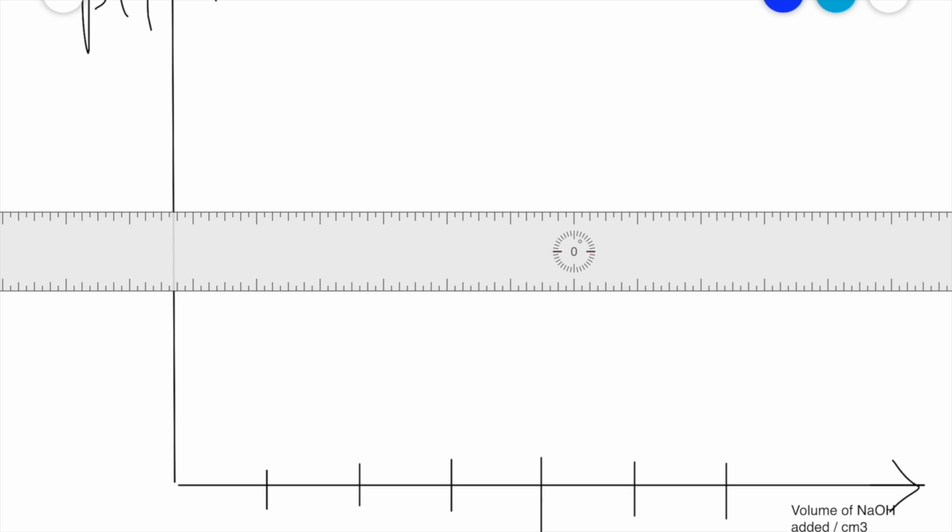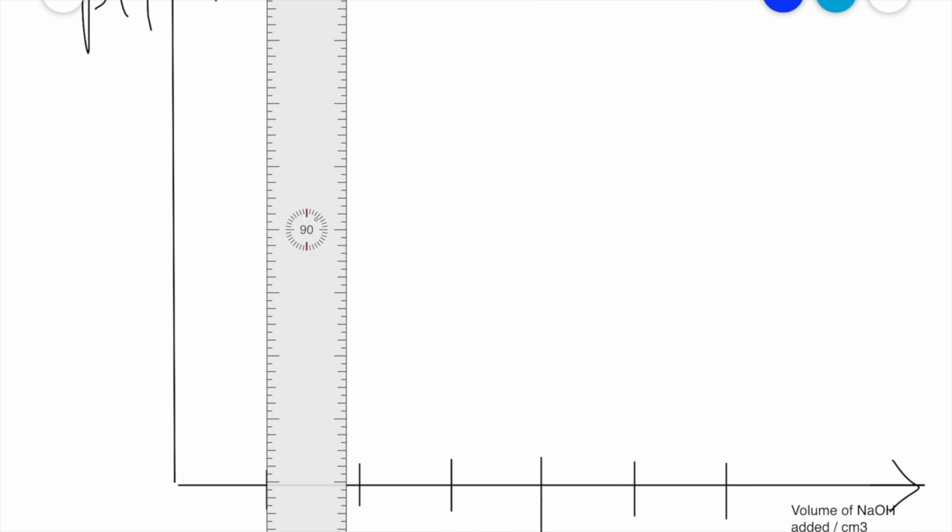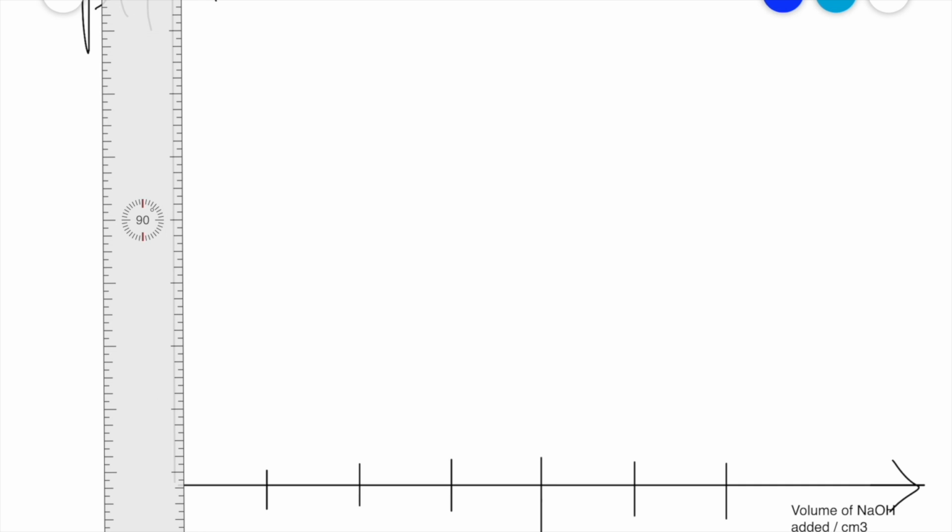Now let's get to the graph sketching of the mixture of malonic and 3-hydroxypropanoic acid, the long-named acid. I'll just write down the pKa's. For malonic, I'm just going to call them M and 3H.